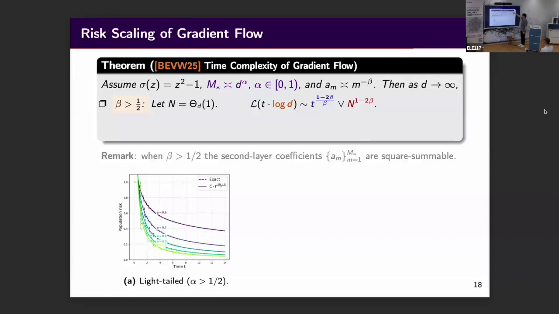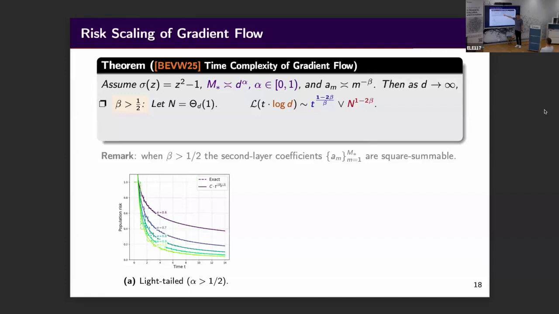If beta is greater than 1/2, we can get a risk scaling that's almost identical to what you previously saw in the high information exponent case. The only difference is that now the critical timescale is log d, which makes sense because the time it takes to learn each single index model is only log d, not d to the k divided by 2.